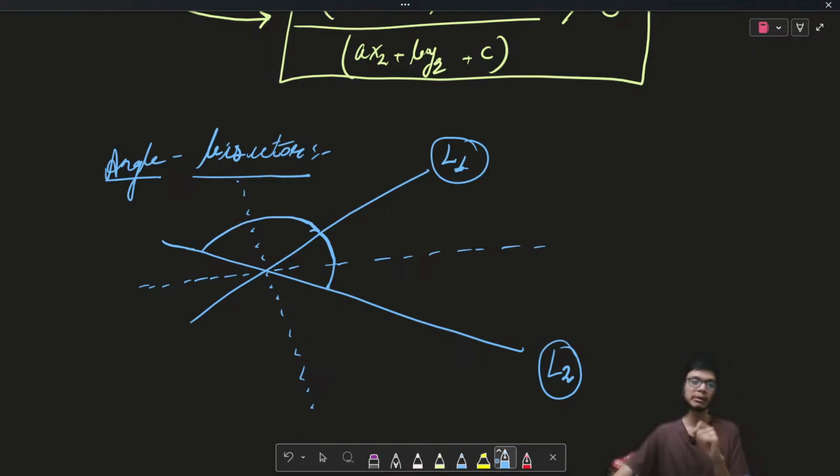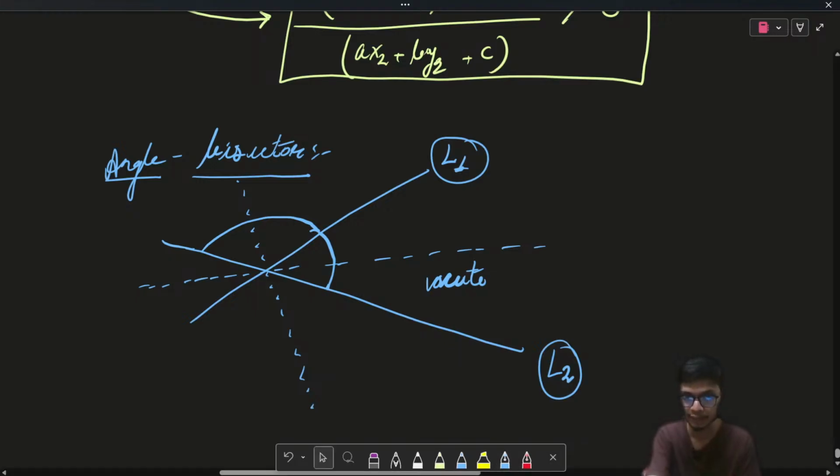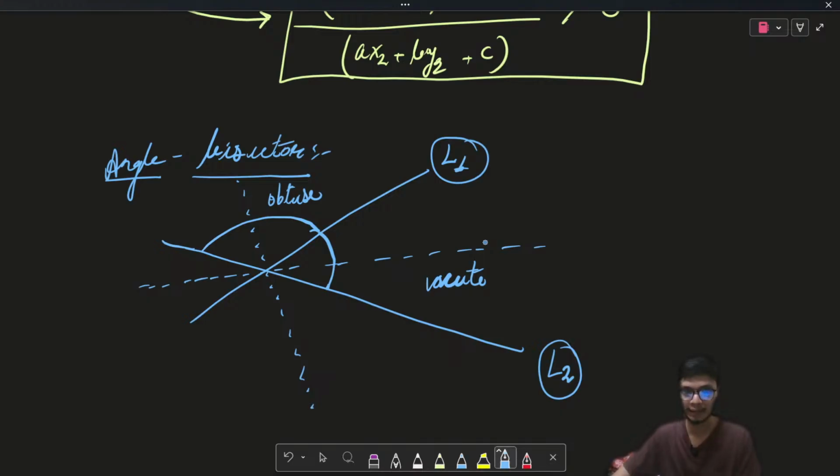But which angle I am considering will determine what kind of bisector I am looking for. If I am looking for the acute angle and I bisect that acute angle, then I get the interior angle bisector, or acute angle bisector. Or if I am looking at the obtuse angle and I bisect that angle, then I will get the obtuse angle bisector. Is it clear?